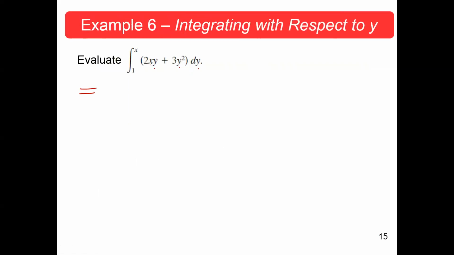So I should have 2x as it is, and the antiderivative of y will be y squared over 2, plus 3 times y cubed over 3. And this time you see y is not bounded by 2 constants. It's bounded by 1 and x. So y will be from 1 to x.